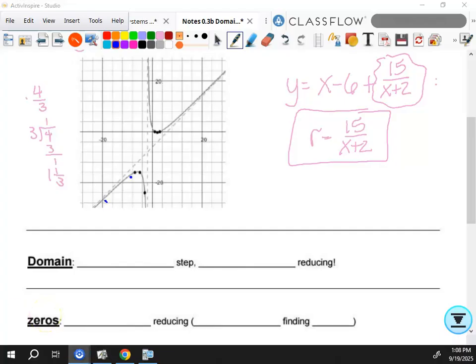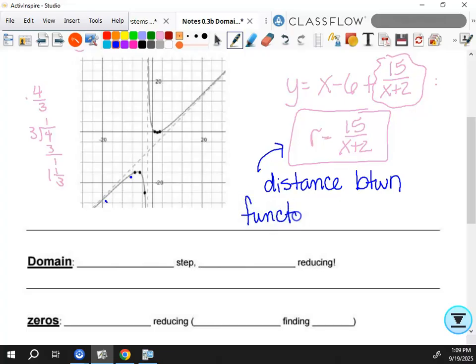So remember, the whole idea of our end behavior, our horizontal asymptotes and our slant asymptotes, is that way out at the ends, our function's getting closer and closer and closer to these lines, like infinitely close, just not really touching. So the fact that it's getting closer should make sense, right? So what this is, is the distance between the function and slant asymptote.